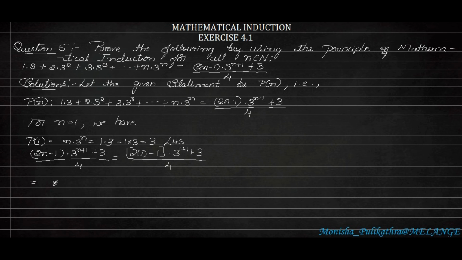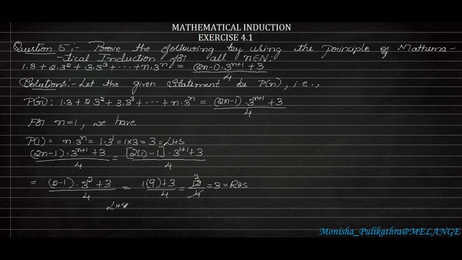So it will become 2 minus 1 into 3 to the power of 2 plus 3 divided by 4. That is, 2 minus 1 is 1, into 3 square is 9. So 1 into 9 plus 3, divided by 4. So 9 plus 3 is 12, divided by 4. 4 ones are 4, 4 threes are 12, so it is 3. This is RHS, and this is LHS.